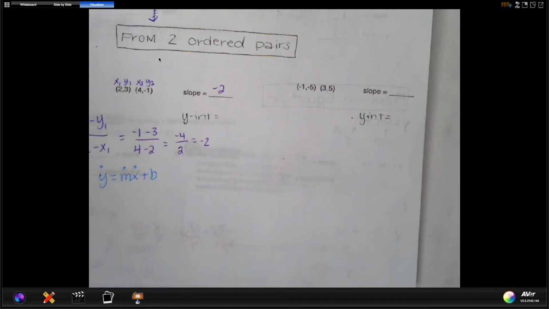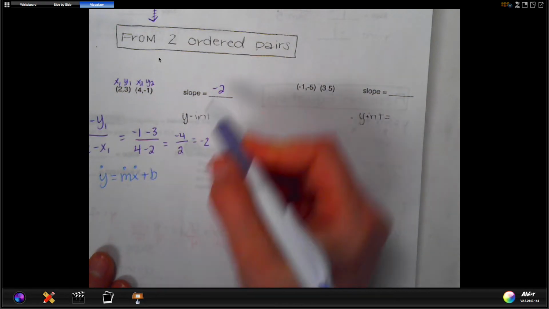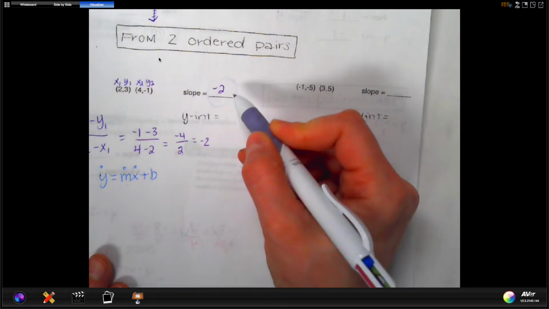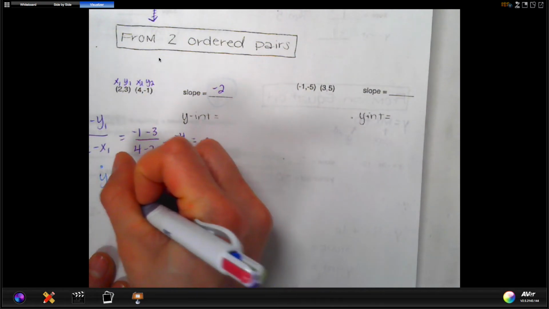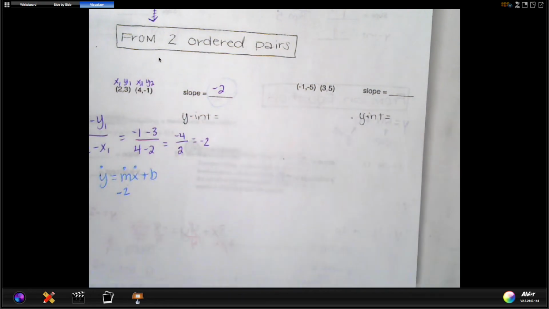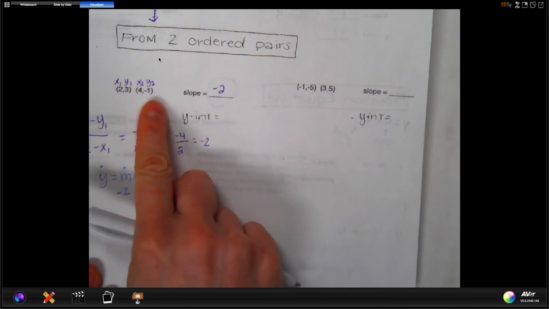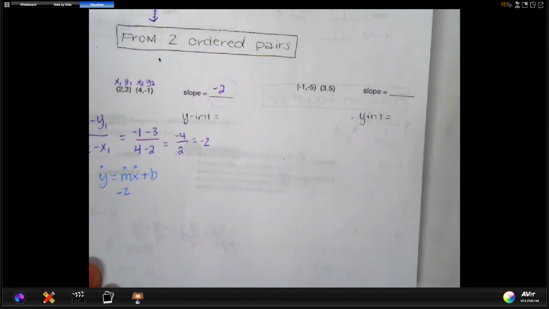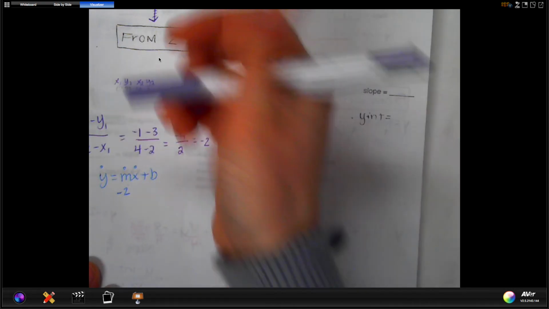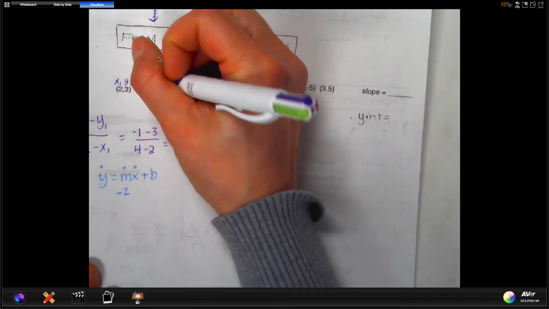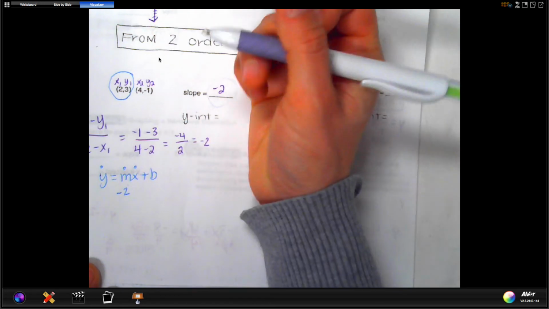So what you want to do, you know m is -2 because that's what you just figured out above. Now, where are we going to get numbers for x and y? The place you're going to get them is one of the two given ordered pairs. Now, I usually like to try to pick the one that looks easier. And since the first one has no negatives, I'm going to pick that one.